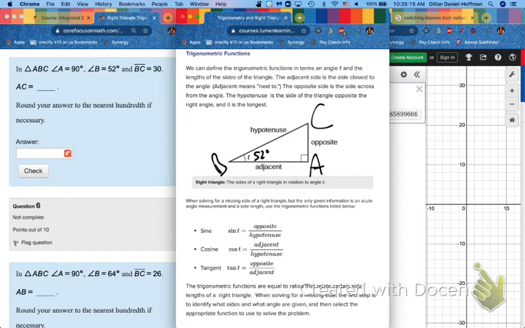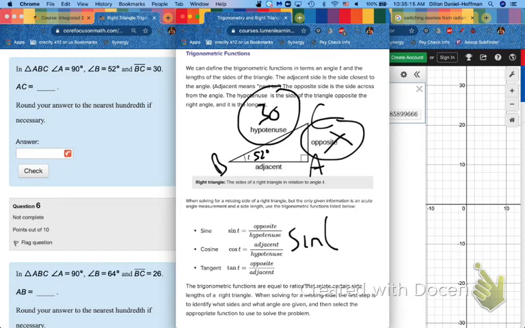They give us BC, the hypotenuse, and they want to know AC, the opposite. Opposite and hypotenuse is sine. We did that one, I believe, third. So problems 3 and 5 are from sine. The sine of B is opposite over hypotenuse. Ooh, x is on top, so we are going to multiply. So I'm going to multiply 30 times the sine of 52, closing that in 3, 2, 1, go.